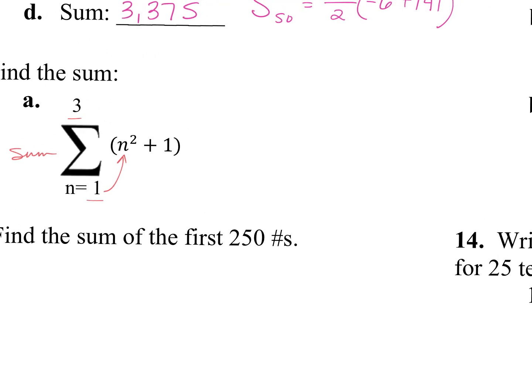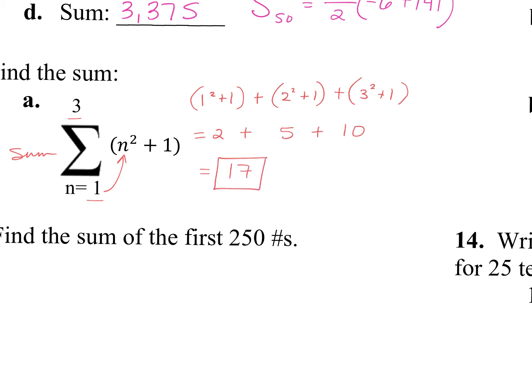So we go 1 squared plus 1, plus 2 squared plus 1, plus 3 squared plus 1. Simplify: 1 squared plus 1 is 2, 2 squared plus 1 is 5, and 3 squared plus 1 is 10. So 2 plus 5 plus 10 gives you 17.